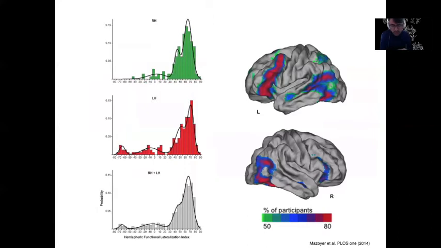This is a beautiful work of Bernard Mazoyer, who showed, in the top row here, that if you take 200 right-handed participants and ask them to do a verbal production task, you get a pattern of activation mostly involving the left hemisphere, as in the two brains on the right, and very little involvement of the right hemisphere. He was able to produce a lateralisation index.